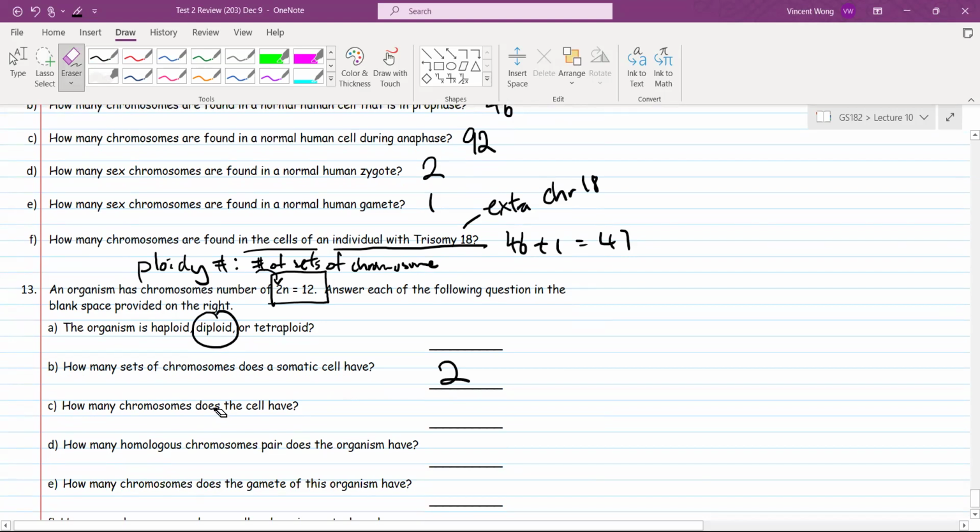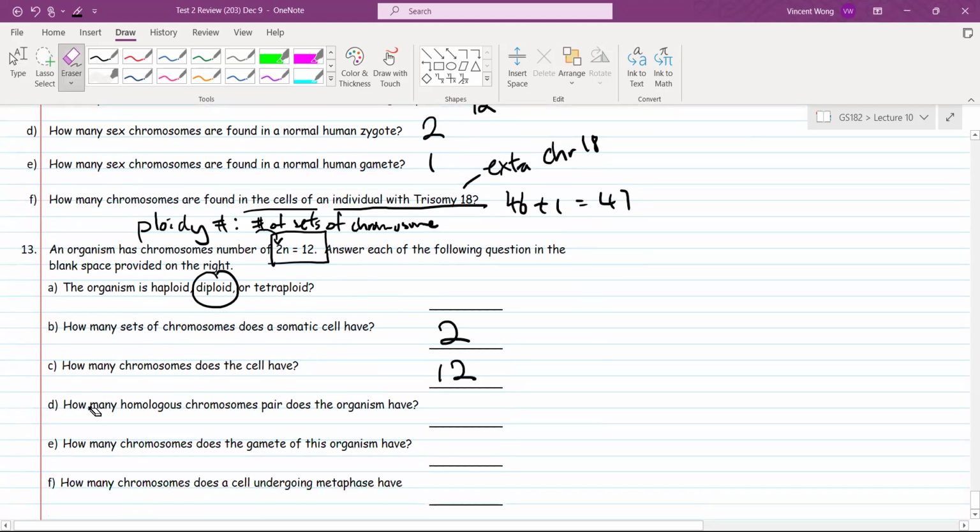How many chromosomes does the cell have? It is 12. How many homologous chromosome pairs does the organism have? Well, it is 2n equals 12. That means each set has 6 chromosomes.